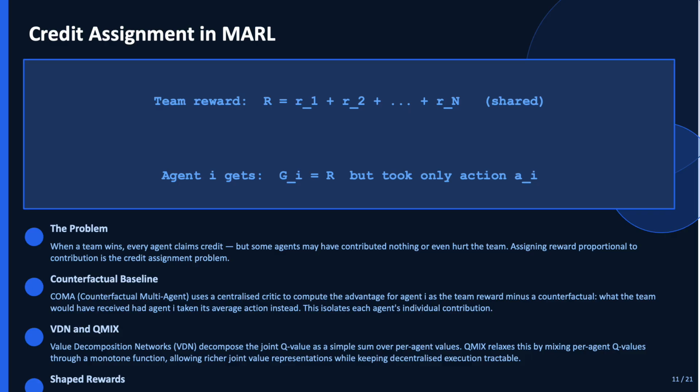Without a mechanism to isolate individual contribution, specifically without asking what the team outcome would have been if this agent had taken its average action instead of this one, agents had almost no gradient signal to improve their individual behavior, and training stagnated despite the team eventually finding a workable joint strategy through random exploration.